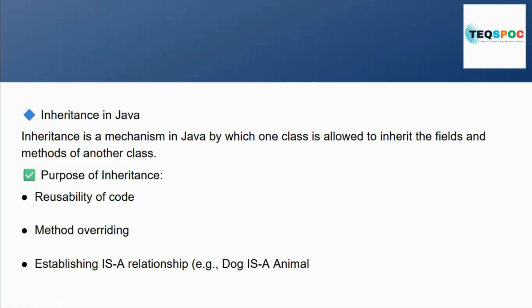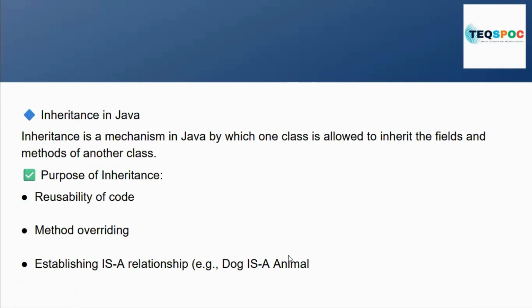Basically, inheritance is one of the most important pillars of OOPS, that is object oriented programming. Inheritance is a mechanism in Java by which one class is allowed to inherit the property, field or method of another class. The same thing which we have seen is an example of inheritance.